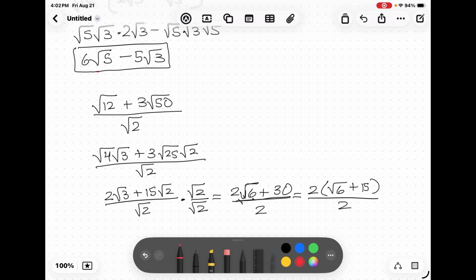See that? 2 times rad 6 is 2 rad 6. 2 times 15 is 30. Now factors, I can cancel. This 2 is a factor of this, and then that 2 is its own factor in the denominator. These I can cancel. That leaves us with rad 6 plus 15. And that's what we've got.